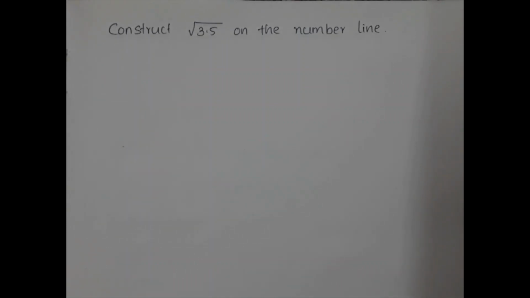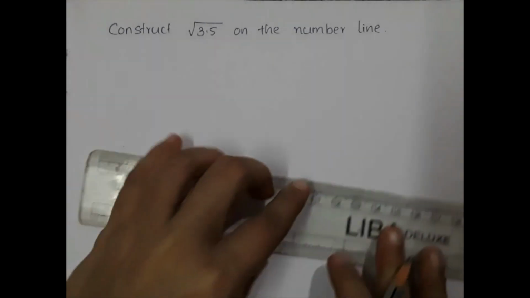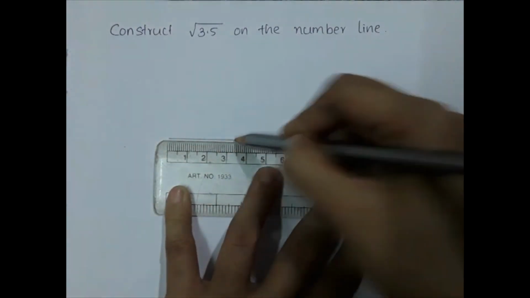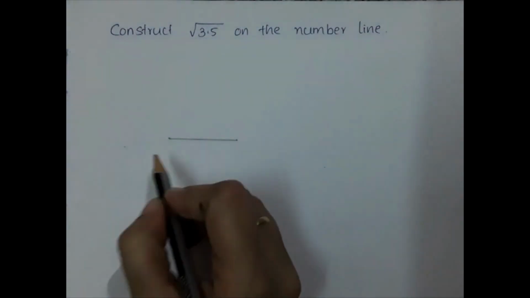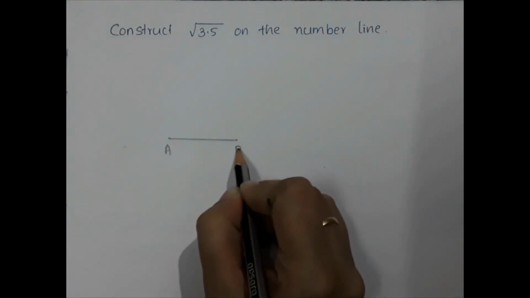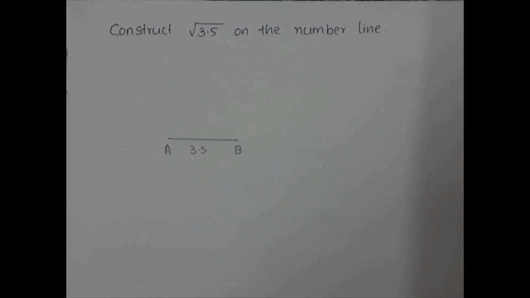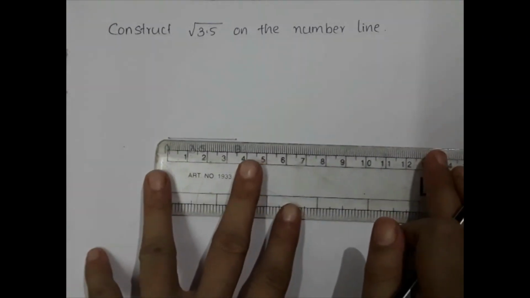Next question is construct root of 3.5 on the number line. For that purpose, first you have to draw 3.5. Okay, mark that as A, B, then 3.5. Okay, so if you want to construct root 3.5, you have to take again 1 centimeter there.